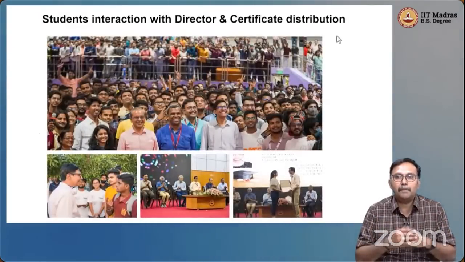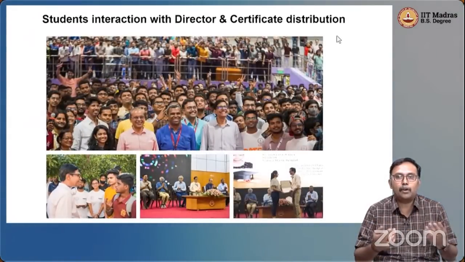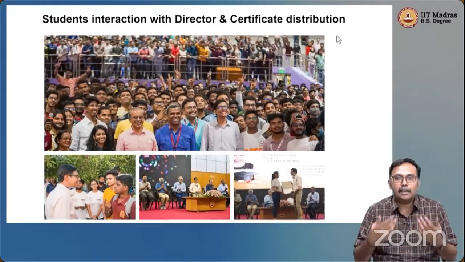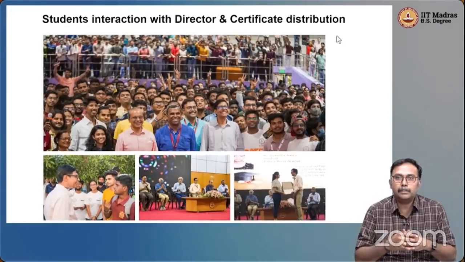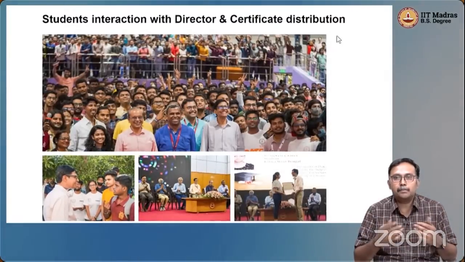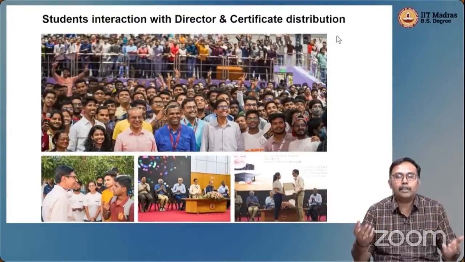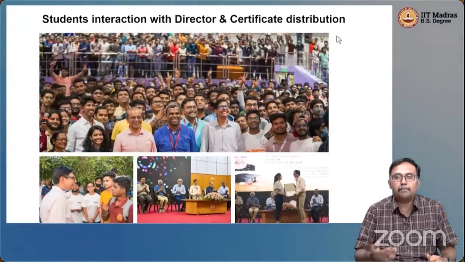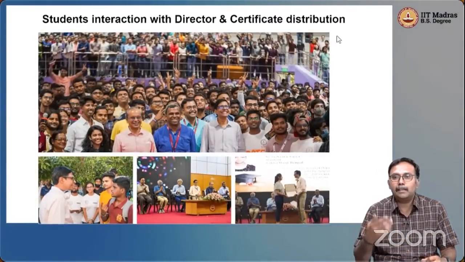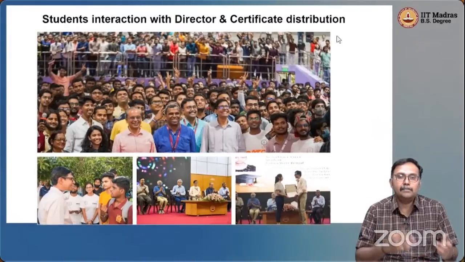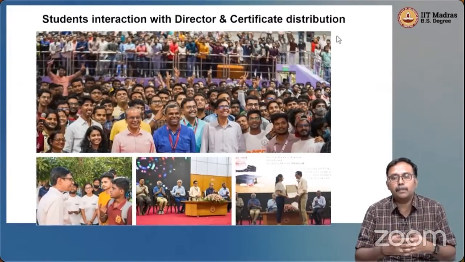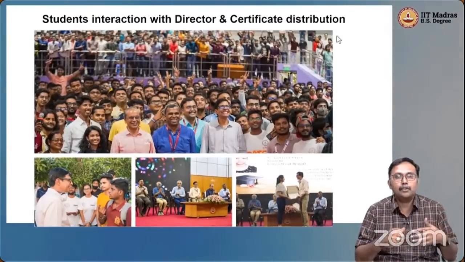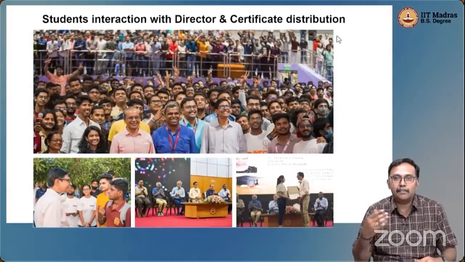Here are some amazing pictures which were taken during the Paradox event. The image you see here with the director, coordinators and the dean of academic courses is from the first Paradox, where more than 2,500 students participated, enjoyed the campus, stayed here and took part in various events. This gives students an opportunity to interact with the administrators of the program, the faculty who teach you, and also the instructors who have actively taken part in the various live sessions.